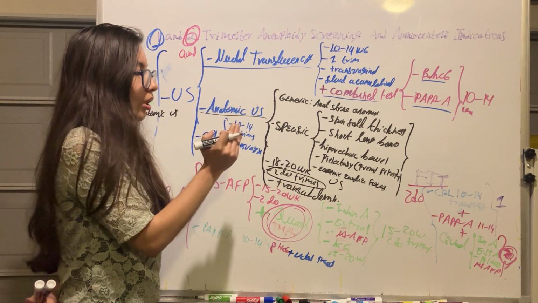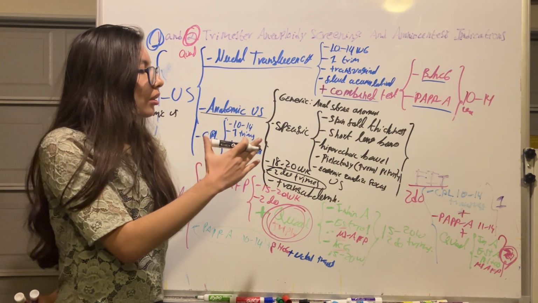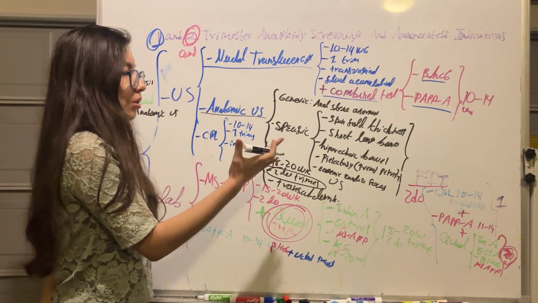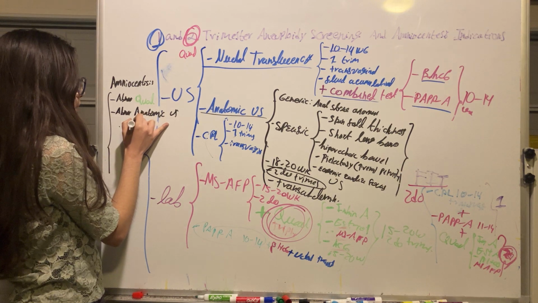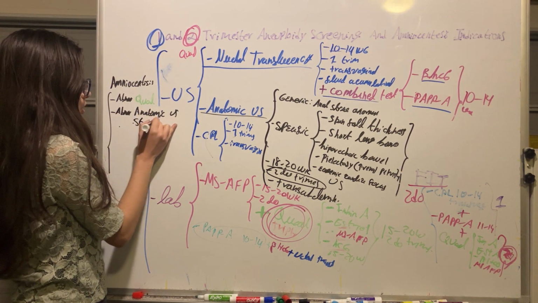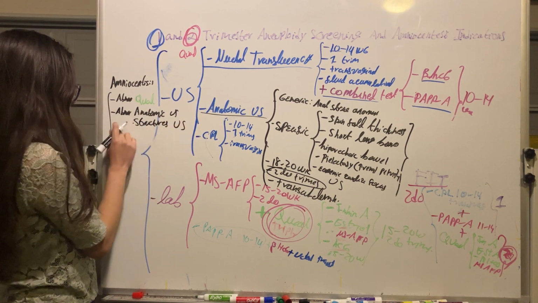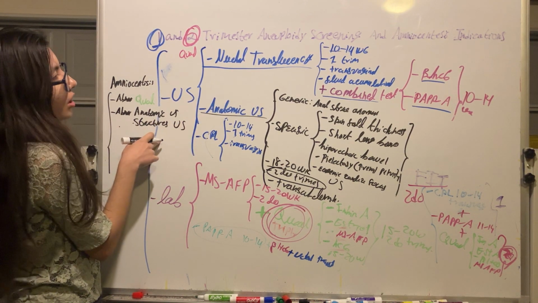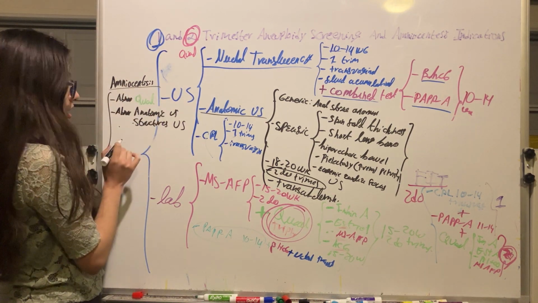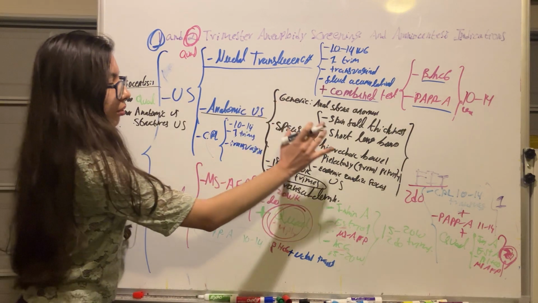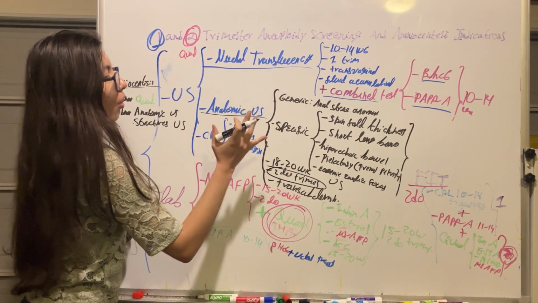If at any point we do another ultrasound and we find an abnormal structure, then that's an indication. So abnormal structures found during ultrasound. This is another indication for amniocentesis. So, abnormal quadruple screen test or abnormal findings on ultrasound.